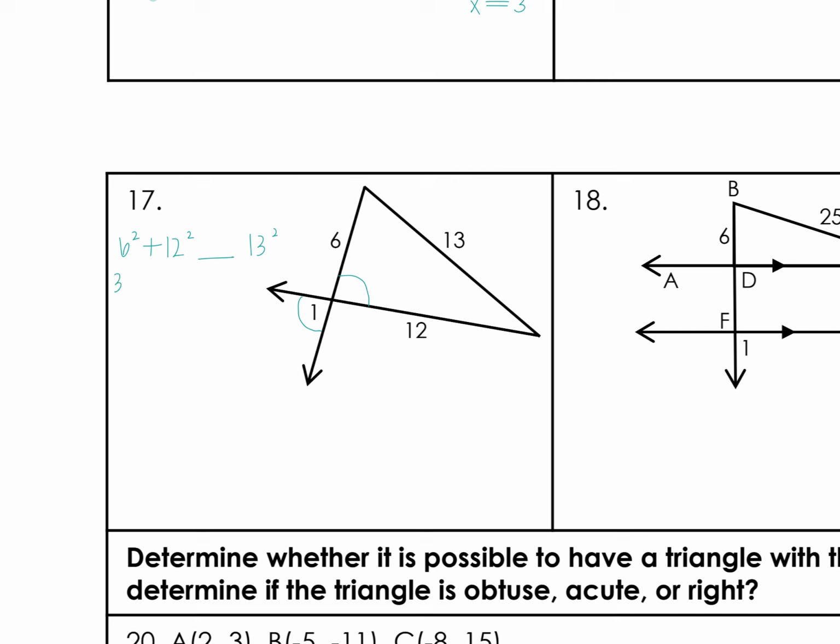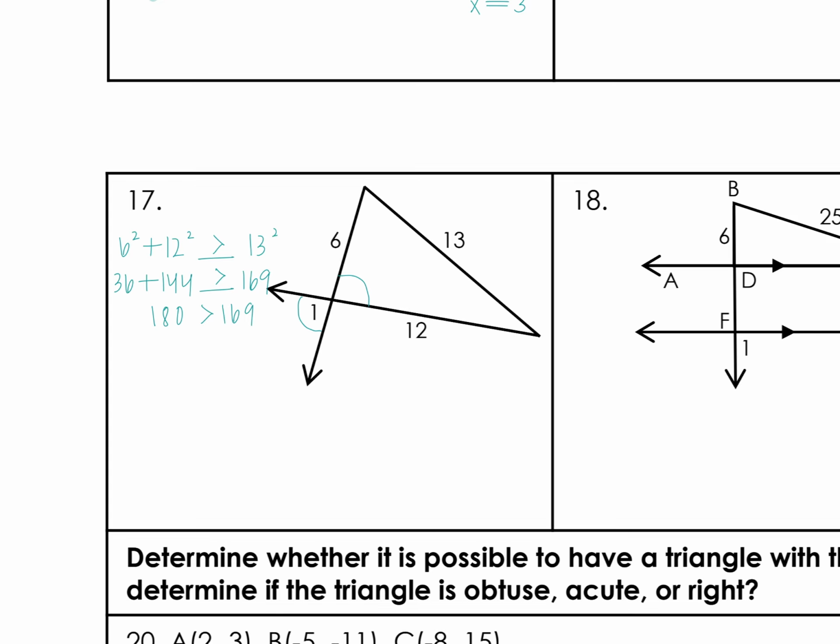So 6 squared gives me 36 plus that 12 squared, 144. And then my 13 squared is 169. So 36 plus 144 is going to give me 180, which is going to be greater than my 169.